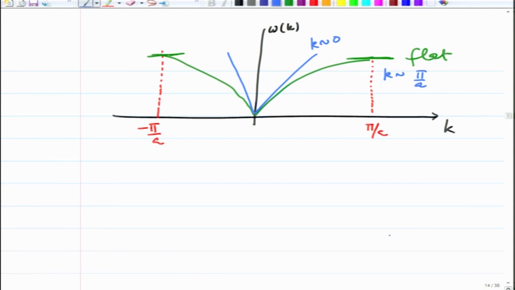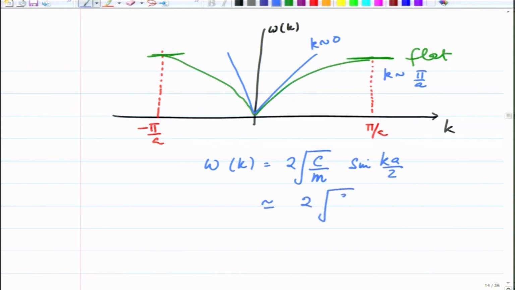Let us see how it looks near k equals 0. Near k equals 0, considering only positive omegas, omega k is 2 root c over m sine of k a by 2, which can be written as 2 square root of c over m times k a by 2.